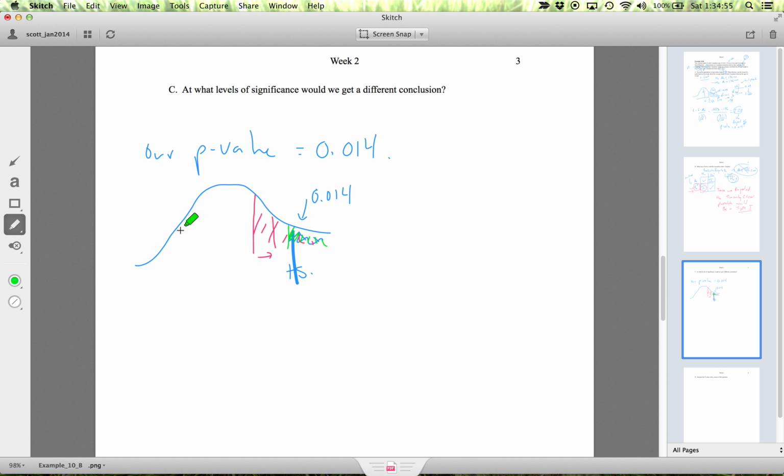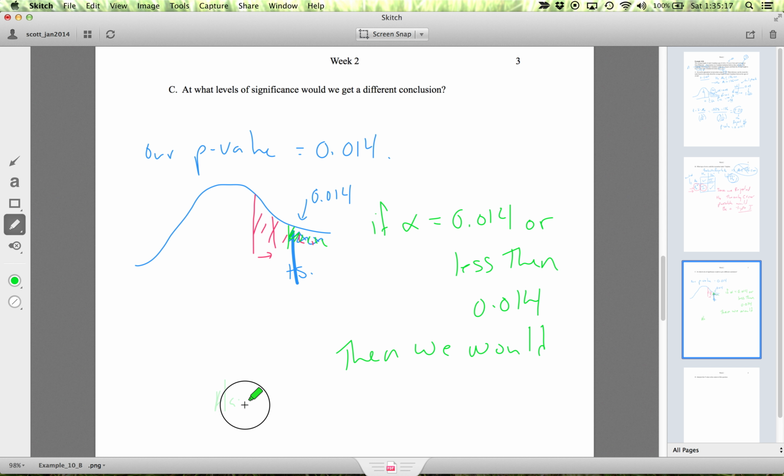If alpha was equal to 0.014 or less than 0.014, then we would have accepted H naught. We would have failed to reject H naught.